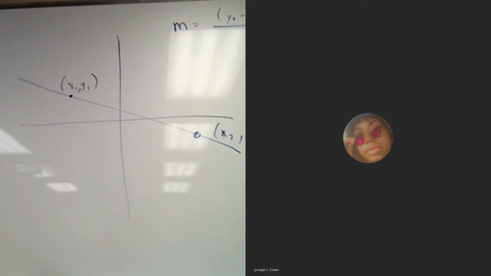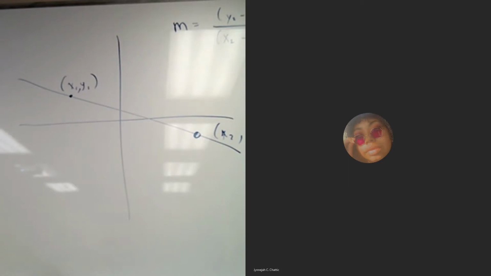I like to call it a change in Y, or delta Y. The change in the X, here's the important thing. If I started with Y2 up there, I have to start with X2 down here. I have to do it in the same order to get my correct slope.